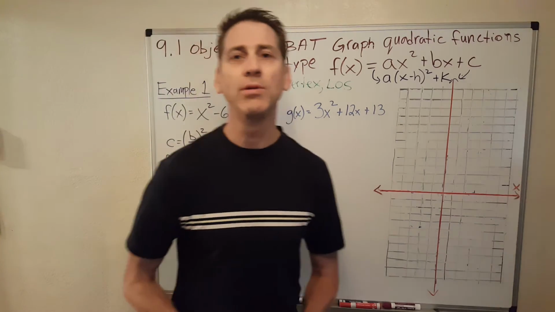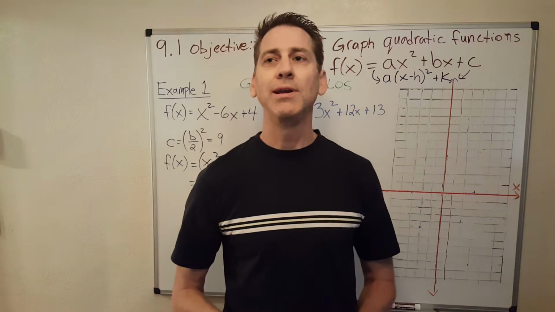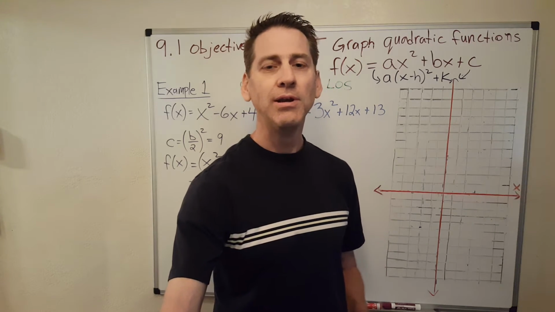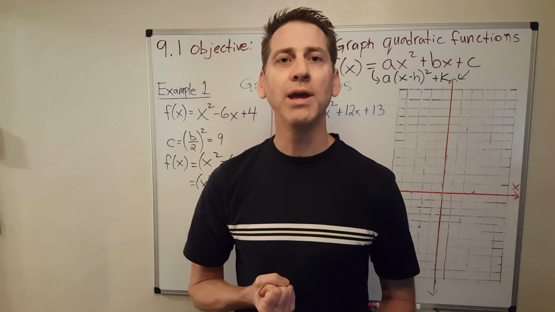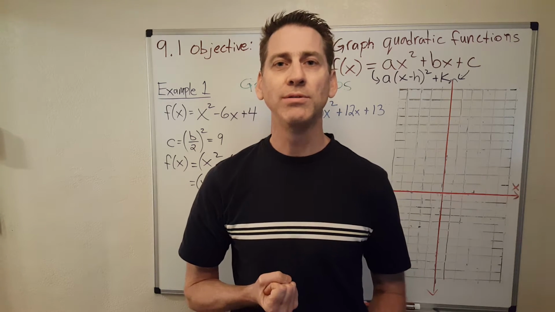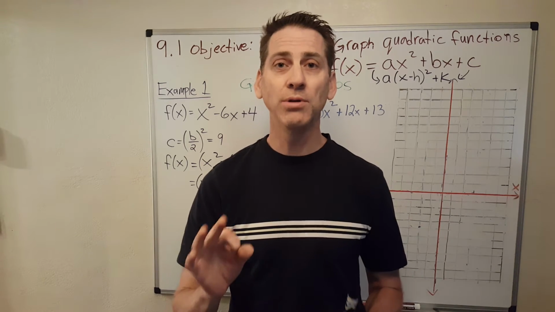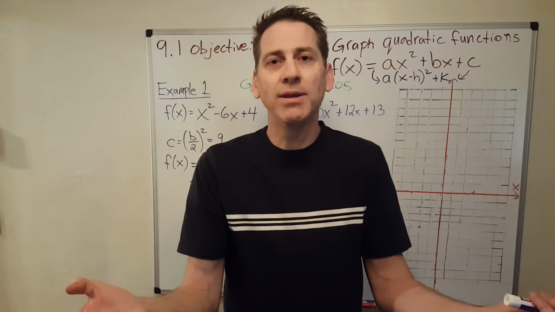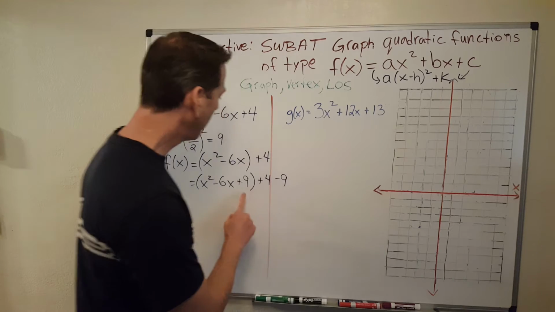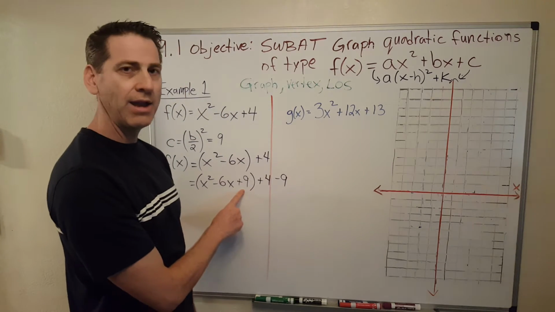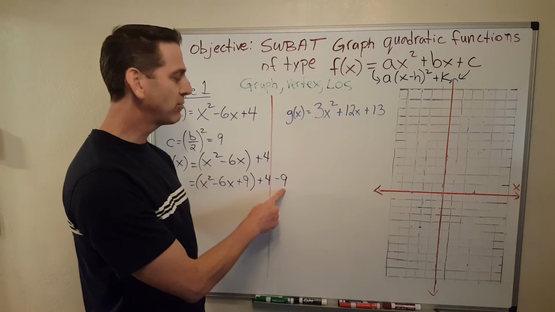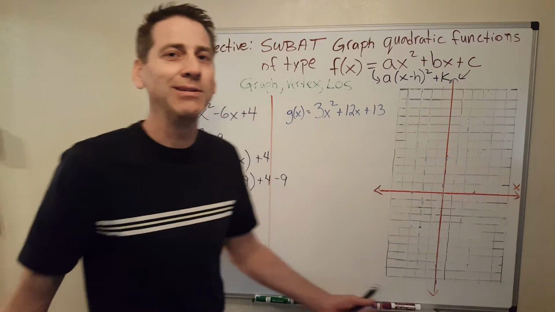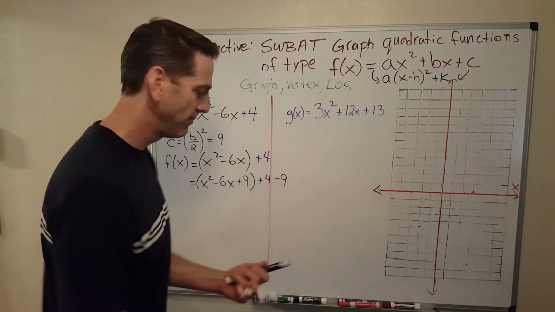For example, if I give you $9 and then I take $9 away, what's the net result? 0, right? I didn't really add anything to your bank account. That's essentially what we did here: we added 9, and then we subtracted 9. The net result is we didn't do anything to the equation. We're just moving numbers around.